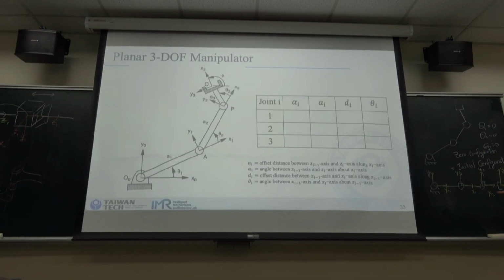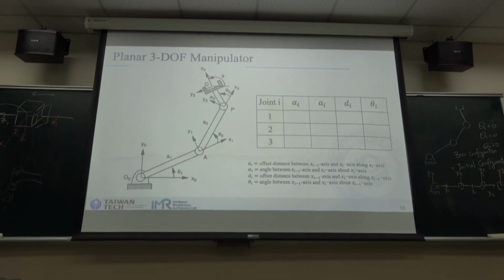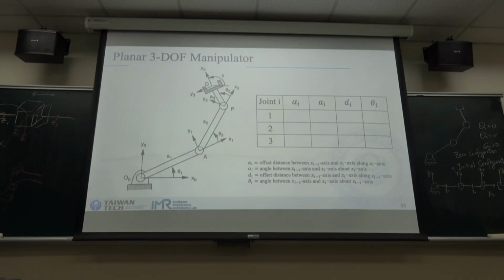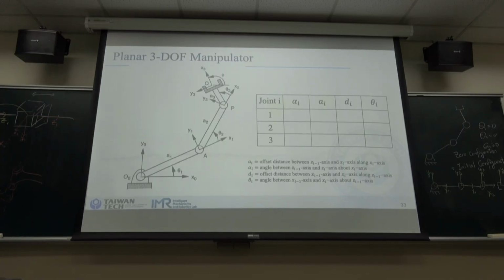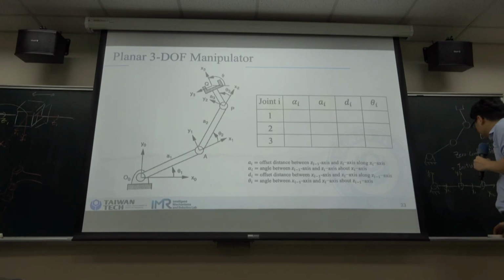So like this, we can set up all the DH conventions. And after you set up, you need to check whether you follow all the DH convention rules. So now we can follow the definition.